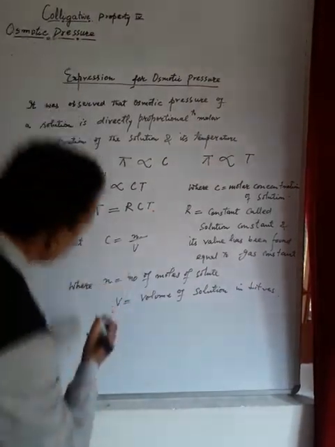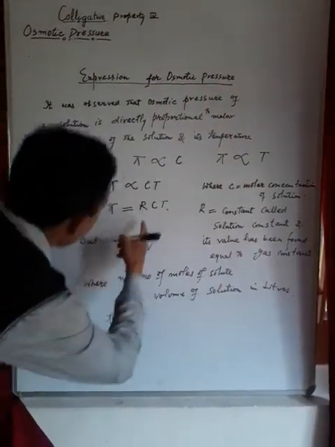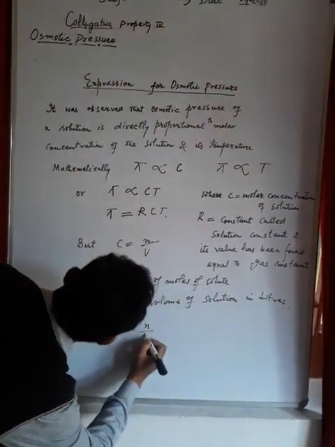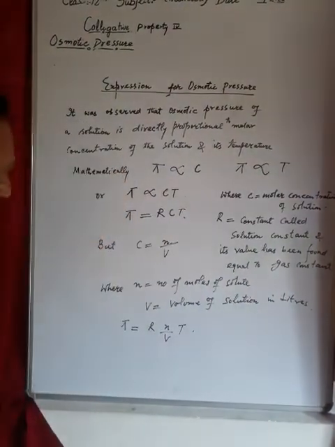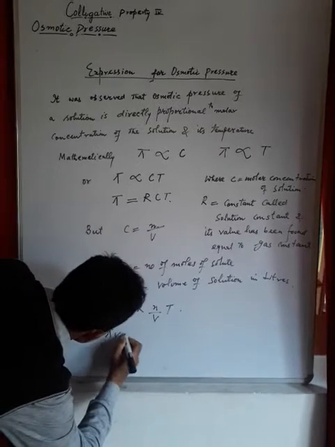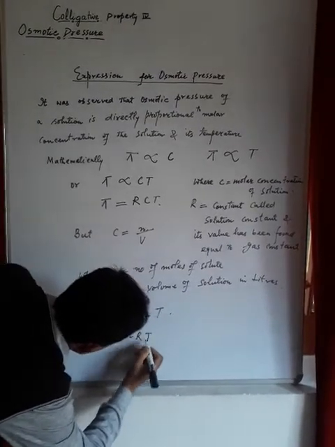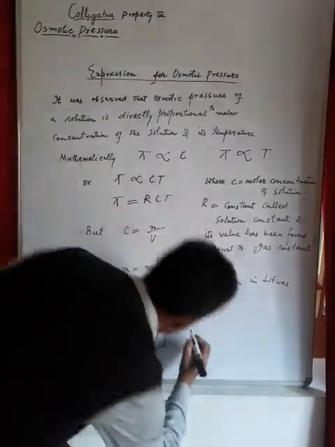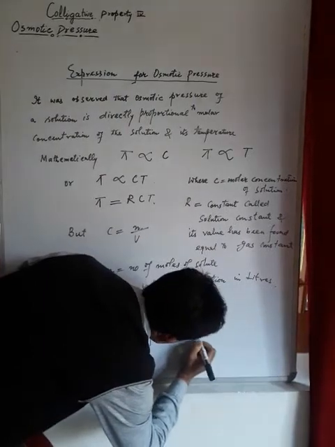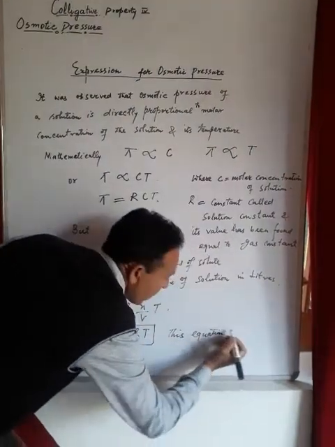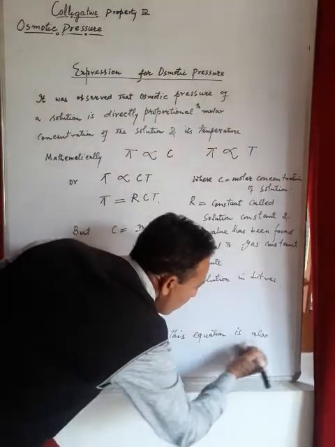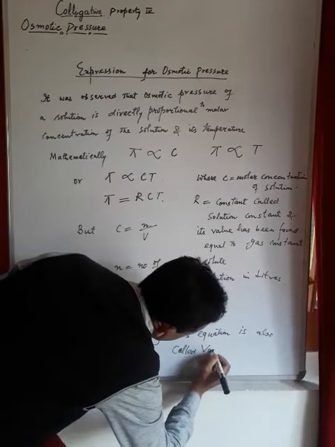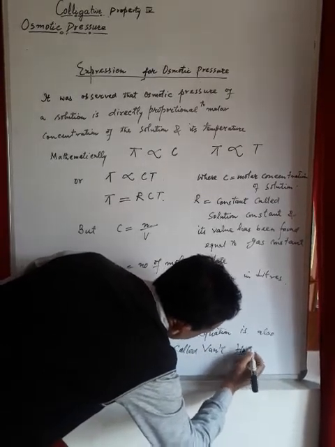So this equation becomes pi is equal to R, C की जगह n by V into T, or pi V is equal to nRT. This is the equation for the osmotic pressure. This equation is also called the Van 't Hoff equation.